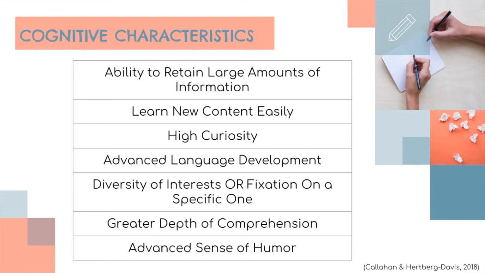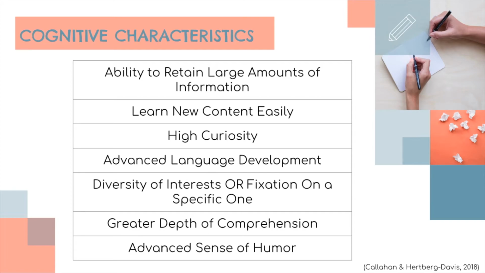This comes in the form of memorization, or may also come in the form of complex comprehension. Additionally, these individuals learn new content easily, and it's usually paired with a high curiosity because their interest in that particular subject matter or in that area helps them learn the content.